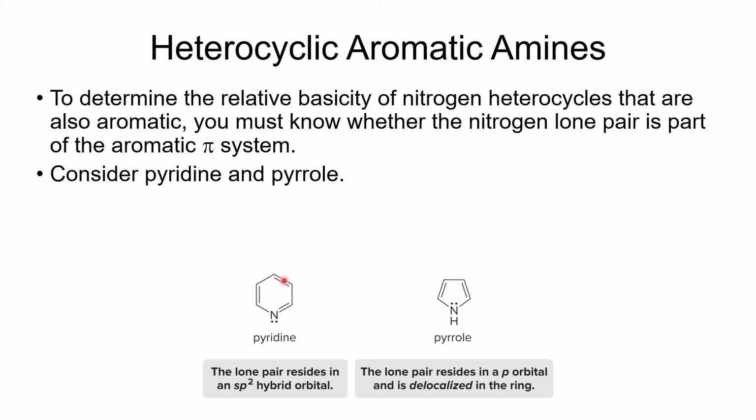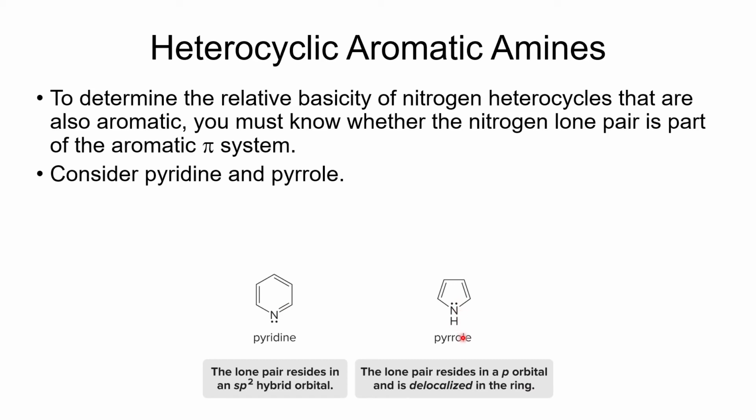If you look at the symmetry, you'll find that lone pair is in an sp2 orbital, perpendicular to the p orbitals in the aromatic ring, which means we don't get any overlap. As a consequence, that pair of electrons is much more basic than it would be if it were in a p orbital.